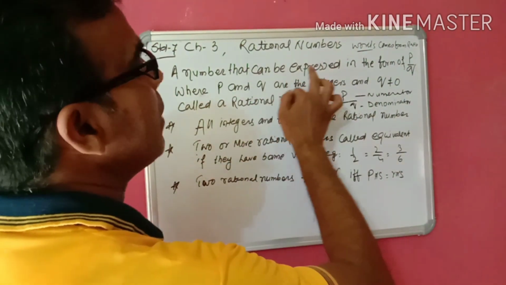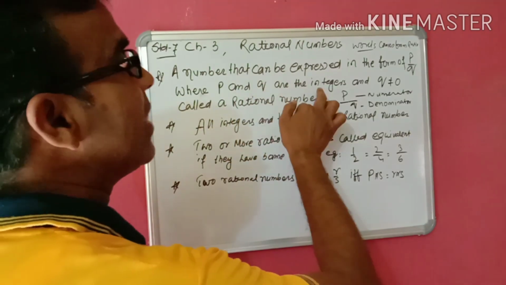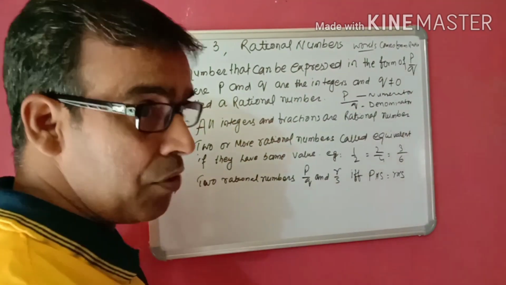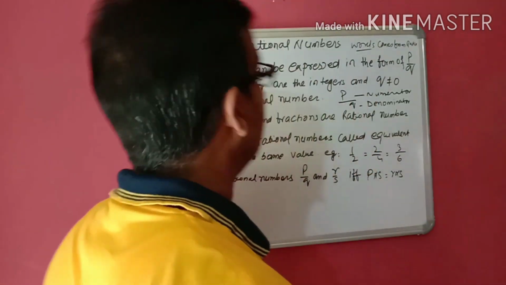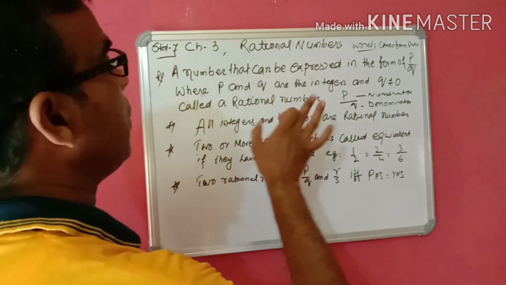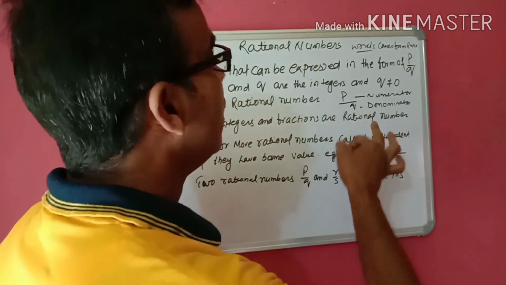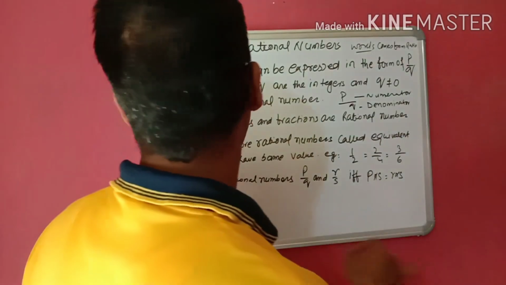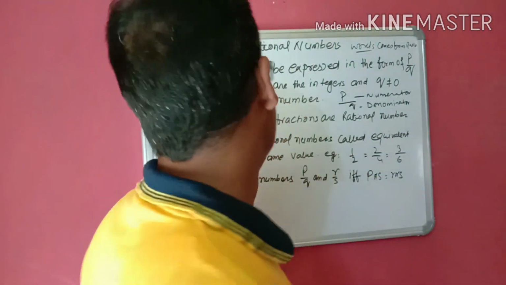If q is equal to 0, it will not be a rational number. So this p by q is known as a rational number. p is known as the numerator and q is known as the denominator. All the integers and fractions are also rational numbers.